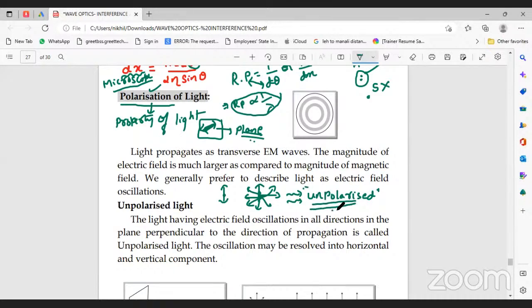So what is unpolarized light? Unpolarized light is the one where the light particles vibrate in all possible directions.